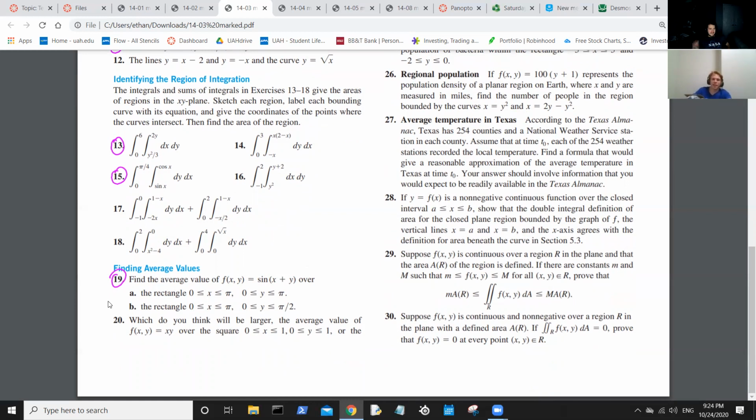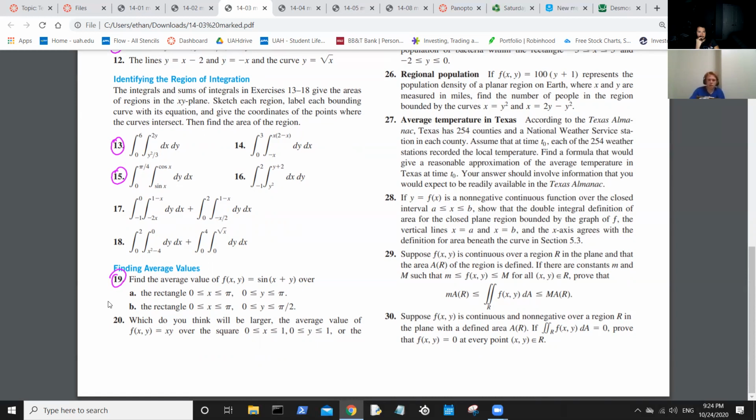So there is average value. It's using a double integral for average value of a function. I have a sneaking suspicion that this means, as opposed to just doing the double integral of dy dx, the double integral of sine of x plus y dy dx, right?